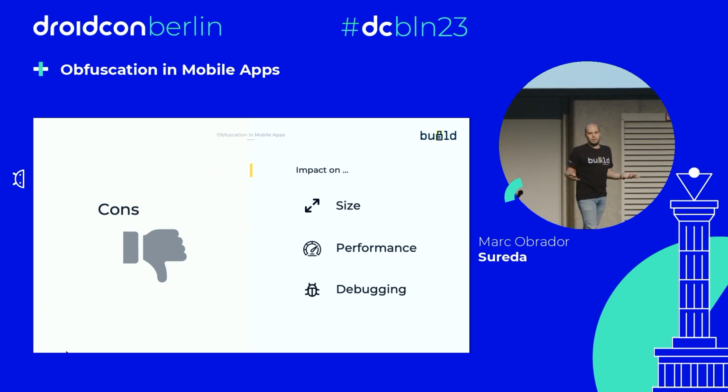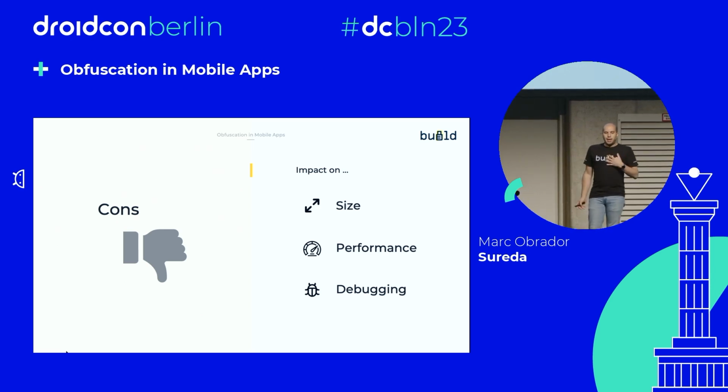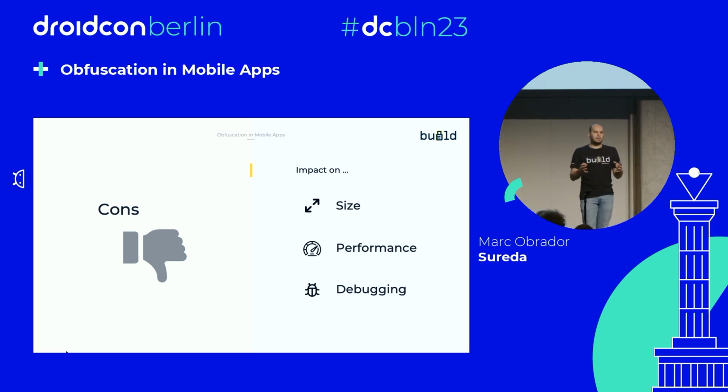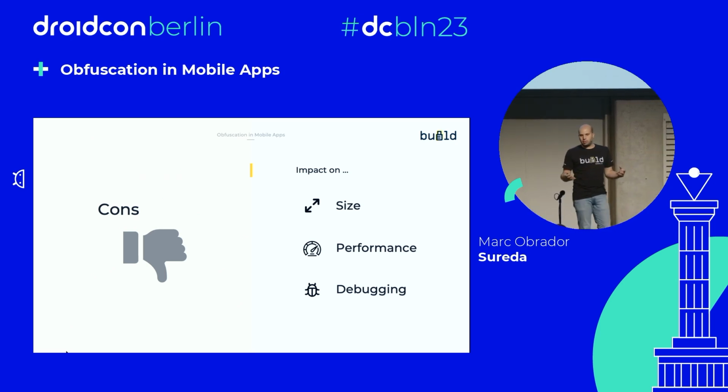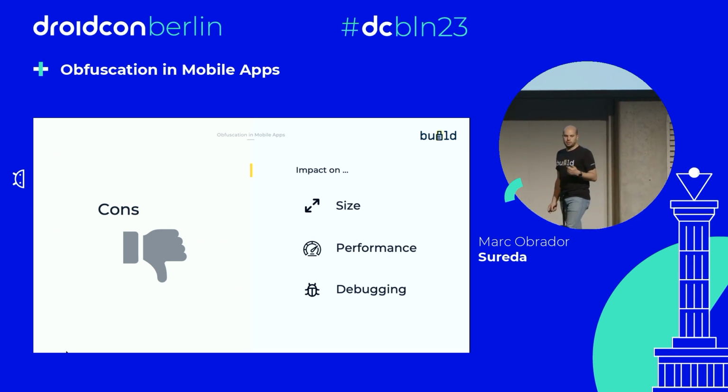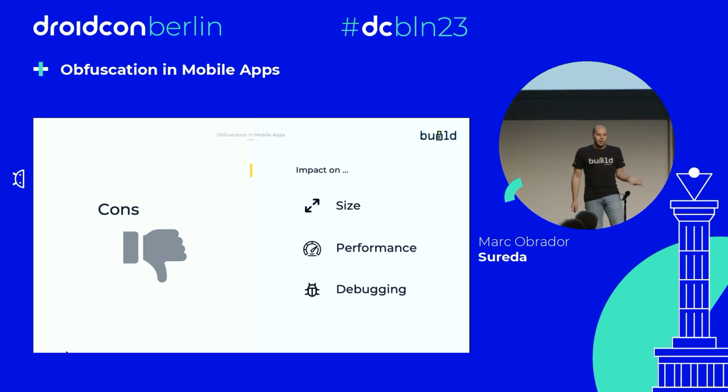All of this you have to consider when you want to apply obfuscation. This is why my recommendation would be that you do it only on the parts of the application that are sensitive or that you want to protect. If you obfuscate the whole application, you are going to end up with something that is huge and slow, and that's not good for user experience.